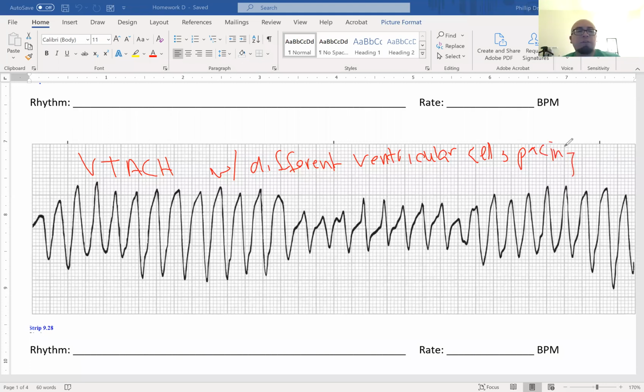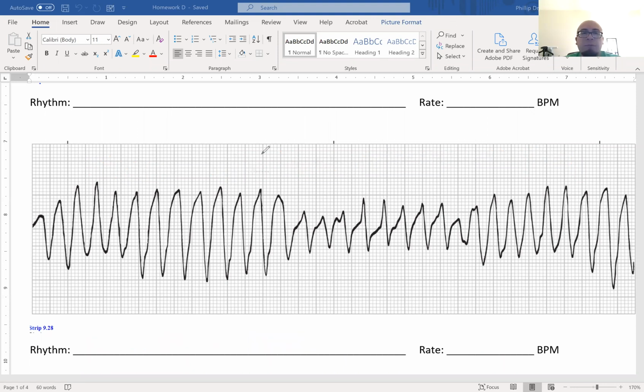And one rhythm that we did talk about that does this is torsades. And then you calculate your rate. I don't know what it is, again, 2 something, 217, whatever it would be with your 1500 method. Remember, in torsades, you have 2 competing ventricular cells that are firing in ventricular tachycardia, and they're trying to pace the heart.